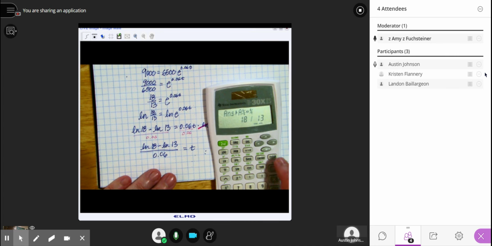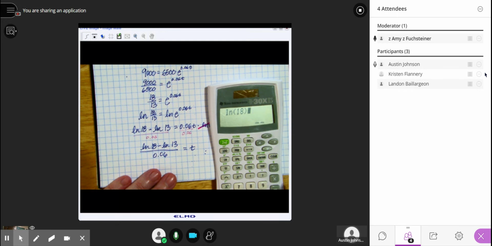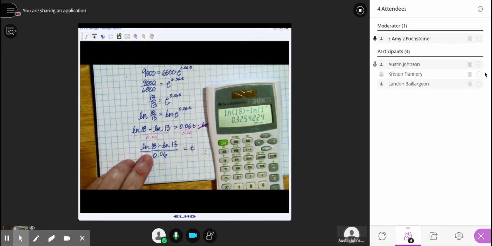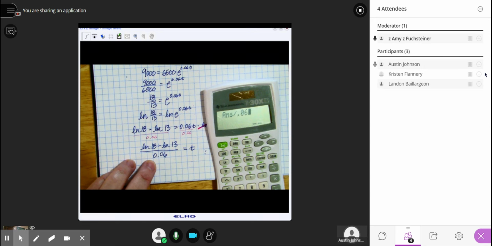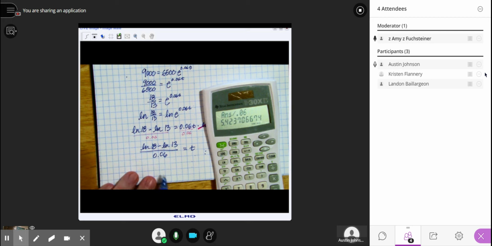To get a final answer, I'm going to do ln 18 minus ln 13. That's my numerator, and I'm just going to divide that by 0.06 to get 5.424.